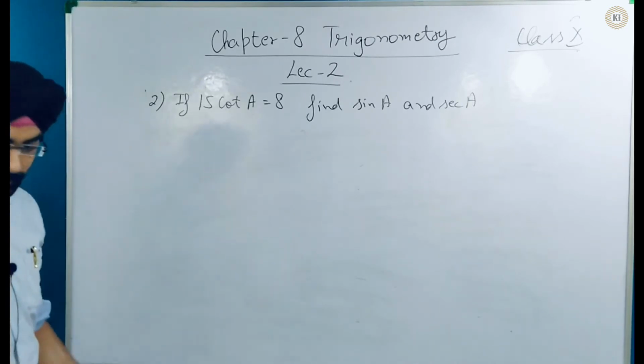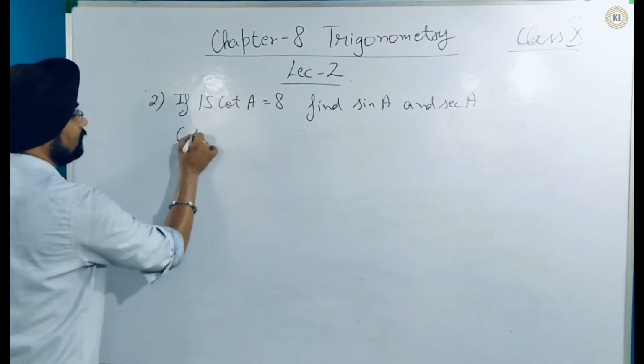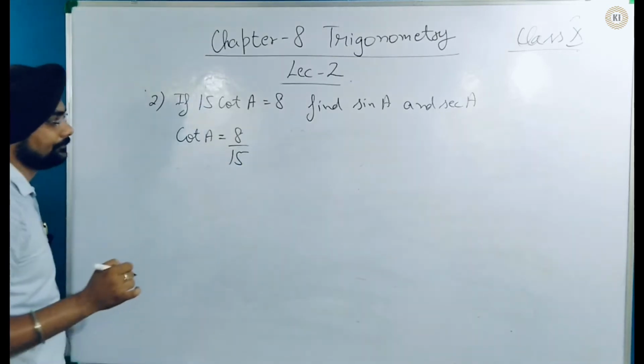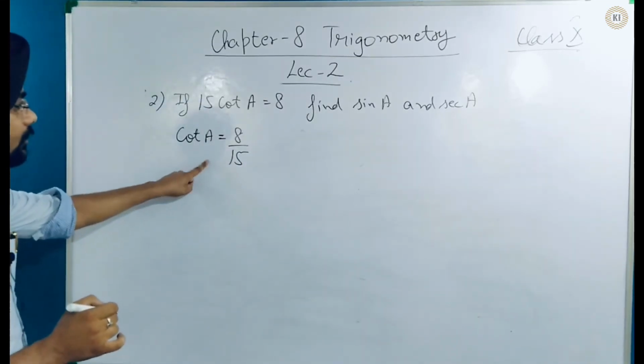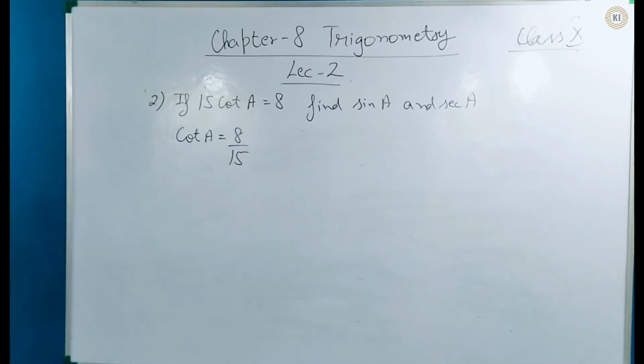We have to calculate the value of sin A and sec A. So from here we can calculate the value of cot A, which is equal to 8 upon 15. So the value of cot A is 8 upon 15.